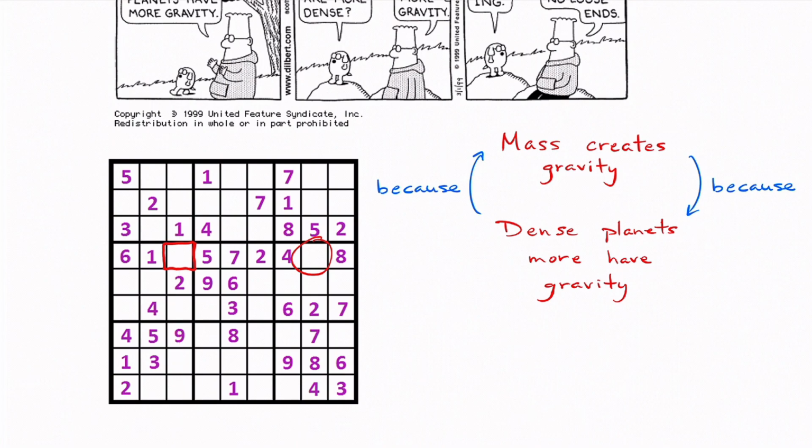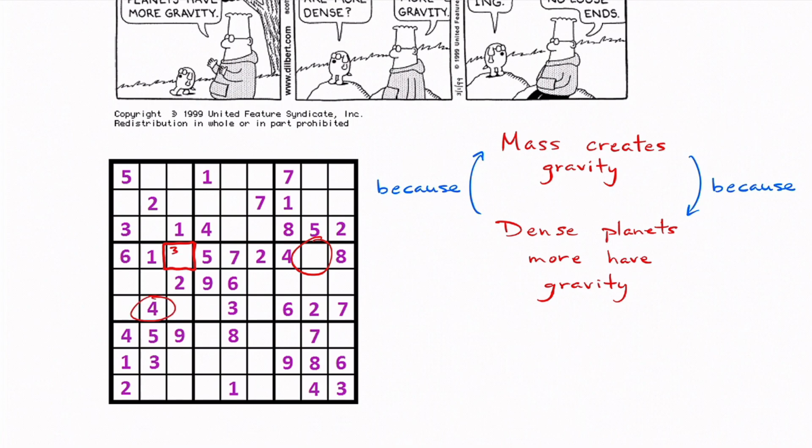If I tried to put in a 2, there's already a 2 right there in this row, so it can't be 2. For a 3, okay, there's no 3 in this row, or in this column, or in this box. So it could be a 3, so I'm just going to write a little 3 and keep it in there for now. For a 4, it can't be a 4 because there's a 4 right there in the row.